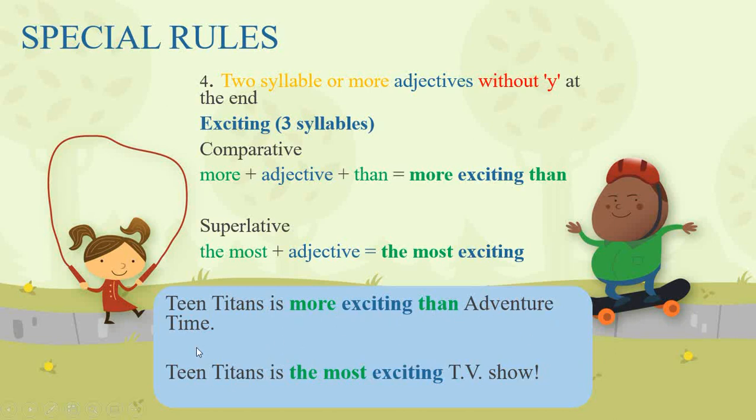We are comparing the TV show Teen Titans and Adventure Time. We're comparing two TV shows. For the superlative form, we have: Teen Titans is the most exciting TV show. We're comparing Teen Titans with all of the shows that are on television.